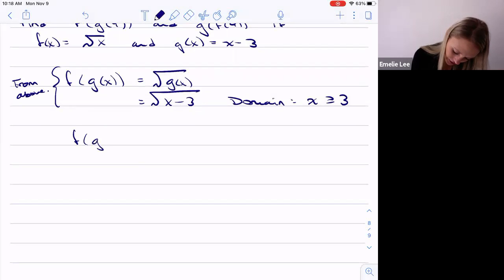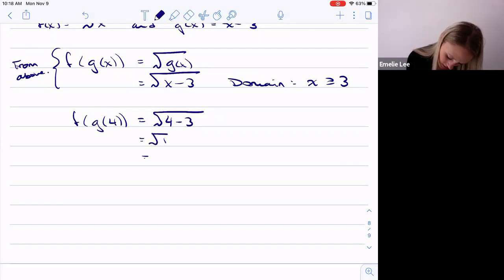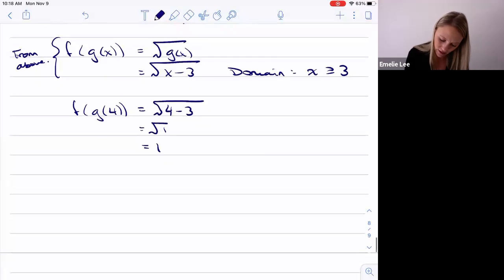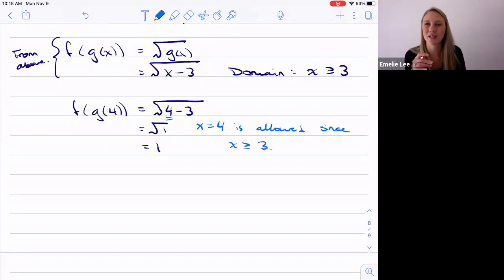So f of g of 4 is the root of 4 minus 3. Well, 4 minus 3 is 1. The square root of 1 is 1. x equals 4 is allowed since x is greater than or equal to 3. You always want to check that what you're plugging in is actually in the domain.